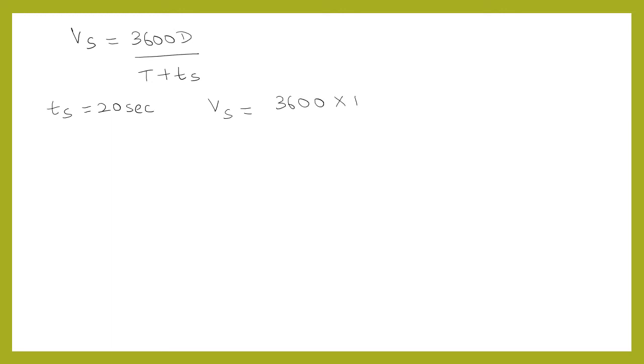So Vs equal to 3600 d by (t plus ts). For a station stop of 20 seconds, we get Vs equal to 3600 into 1.022 by (104 plus 20).